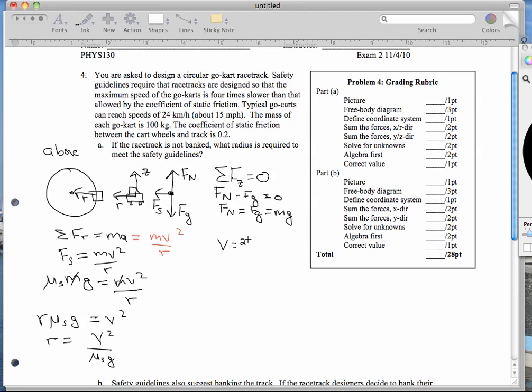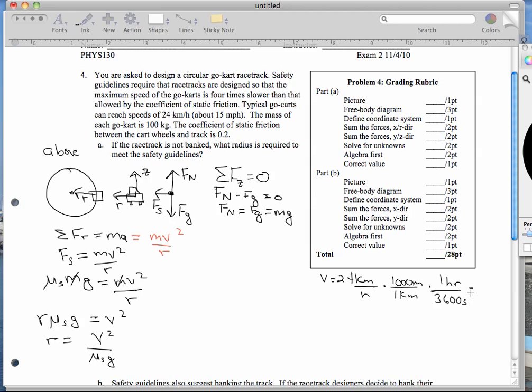Velocity equals 24 kilometers per hour, multiplied by 1,000 meters in 1 kilometer, and multiplied by 1 hour, which is 3,600 seconds.